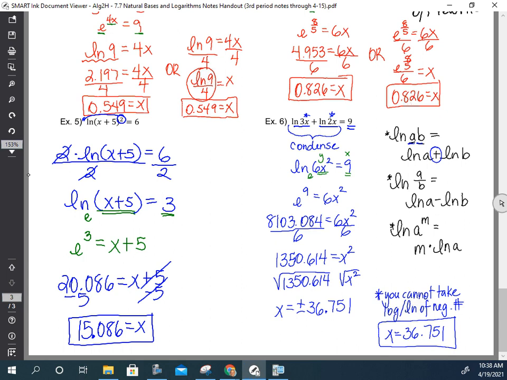Any questions, 5 or 6? So again, degree of difficulty isn't that much more. You're just using the same properties that went with regular logs. We're just using a lot of ln's and e's.